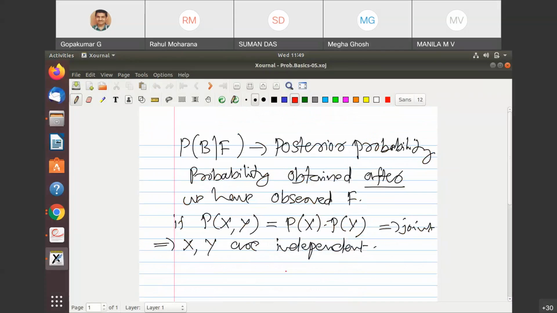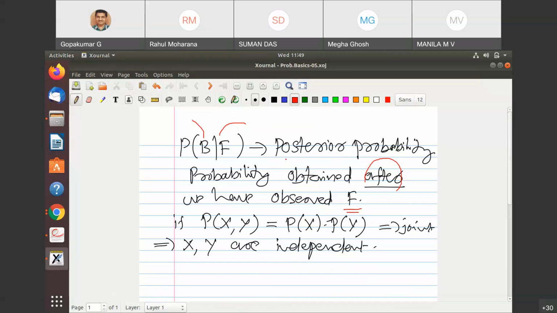And we have another probability called a posterior probability, which comes after. That means it comes after we have observed a particular variable f. We know that f is already observed, and then what is the probability that the box is a certain color, or a second variable has a particular value.